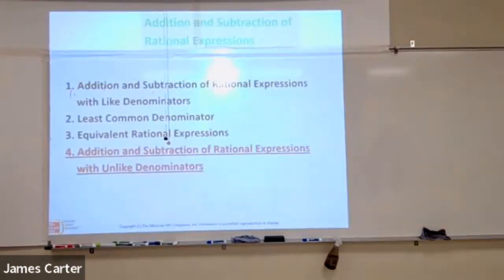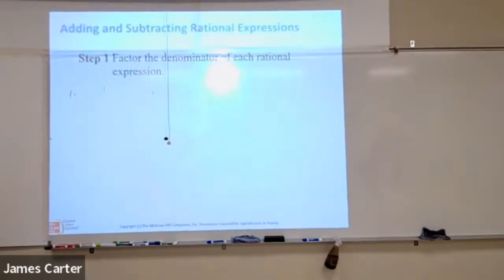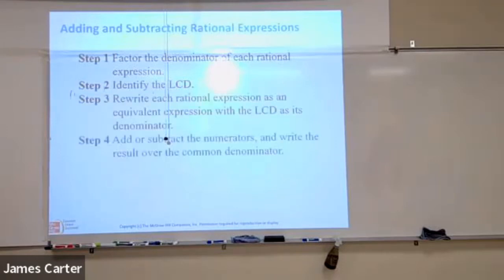Okay, addition and subtraction of those with unlike denominators. Well, actually, we've already been doing that some. Okay, so here are the steps. Find the LCD. We've done that. Write them as equivalent expressions with the LCD as its denominator. Now, this is a little bit different than that last problem.